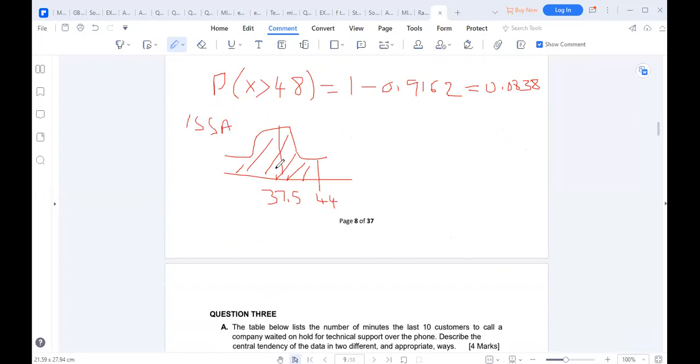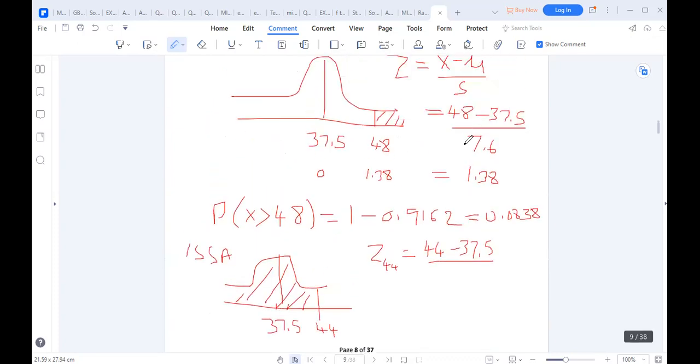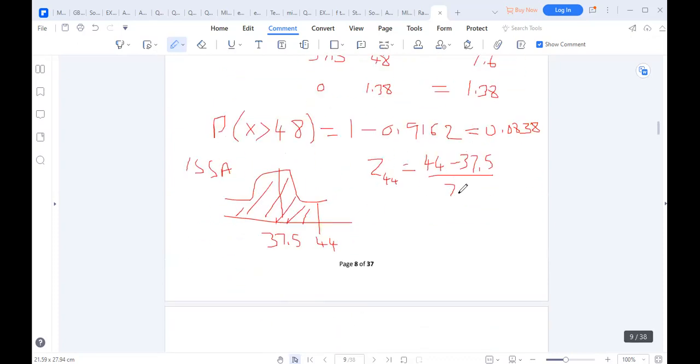Illustrate, standardize, shade. So standardize the 44: 44 minus 7.5 divided by standard deviation of 7.6. What do we get? 0.86.